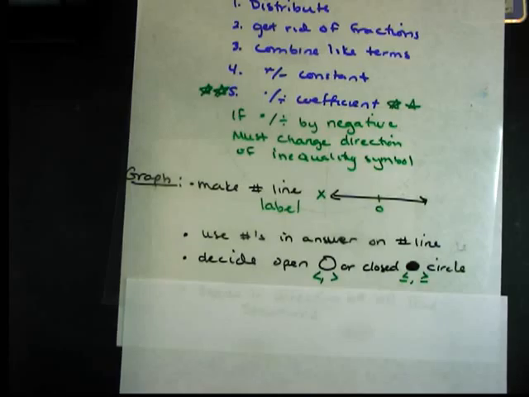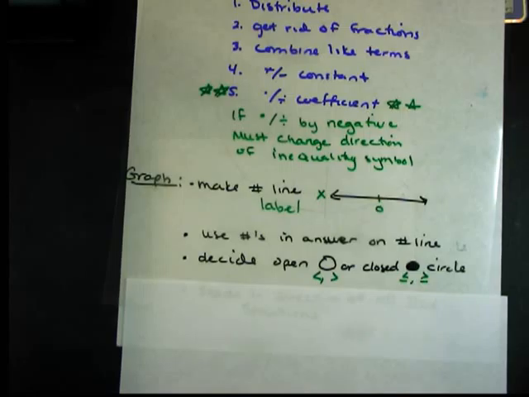Now the symbol, if it is less than or greater than, means it's an open circle. The answer is not included. If it's less than or equal or greater than or equal, the circle is closed. That means it is included in your total solution.